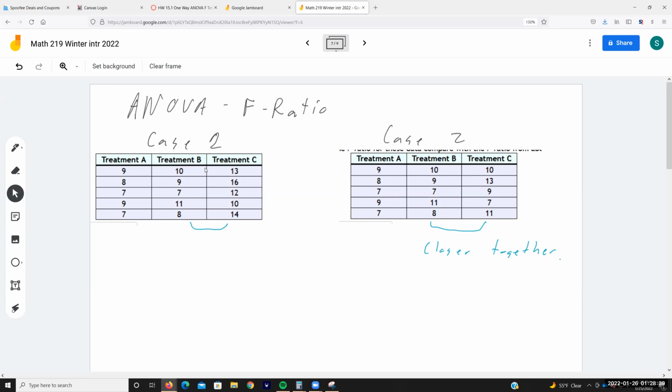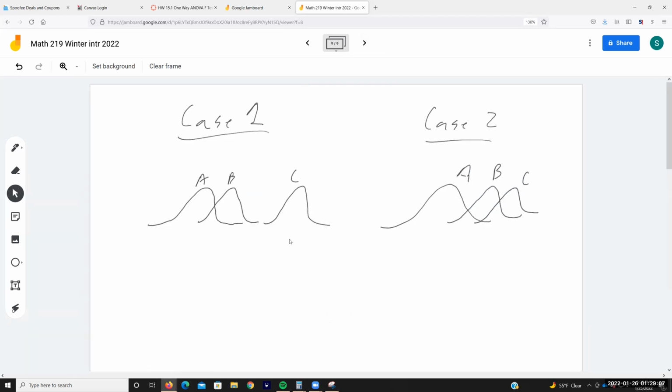We're analyzing, this might be treatment A, this is treatment B, this is treatment C. While in case 2, visually, this is A, this is still B, but then this is C. C's closer in line to both of them. In case 1, C diverges from A and B a lot. In case 2, C's closer to A and B.